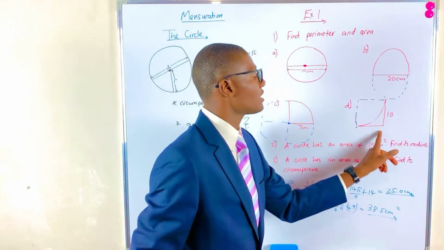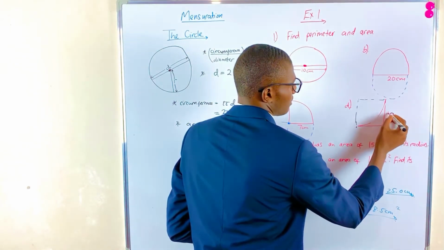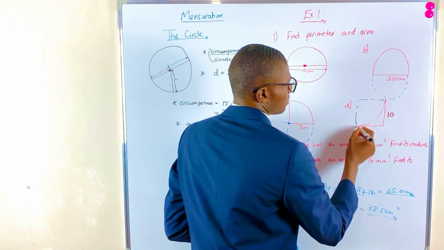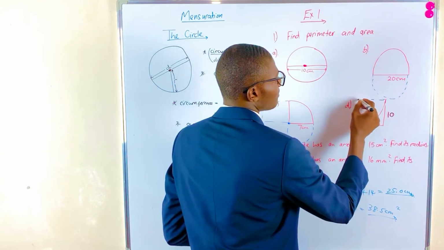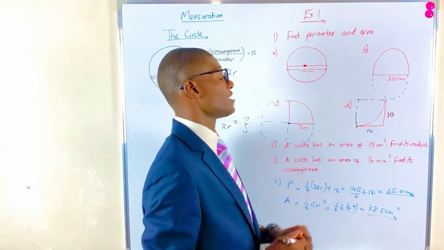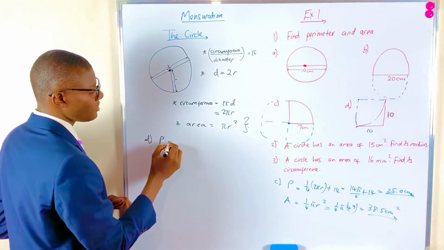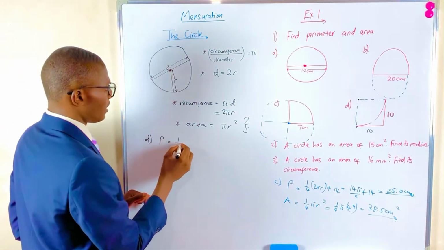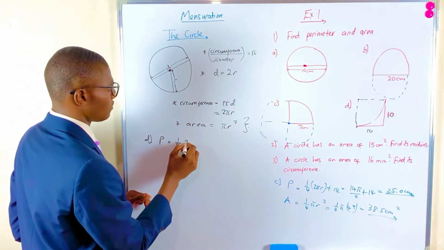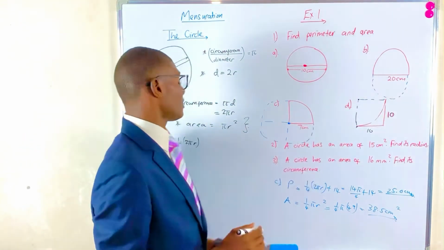Then we shall add the 10 plus that 10. So if this is 10, then this is also 10, implying that this definitely would be our center. So this 10 is the radius, 10 radius. So for part D, perimeter P is given by a quarter of 2 pi r to get this, right?